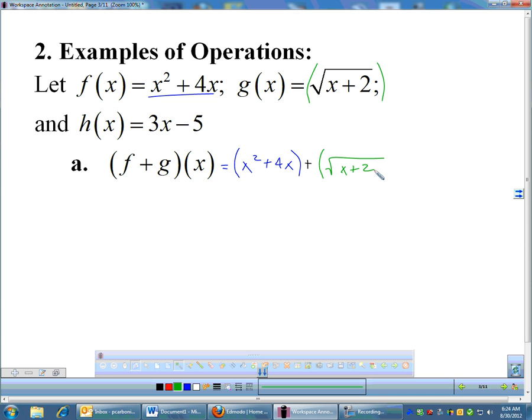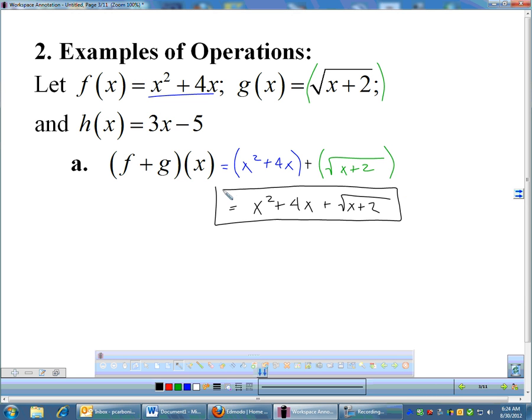So here's what we get when I do f of x plus g of x. Then I look at that, and I'm basically about to rewrite the whole thing. And we see if this can clean up at all. Is there anything that combines, cancels, whatever? And in this case, there's not, so we actually are through already. That one was real simple. You just simply did f of x plus g of x, and you're done.